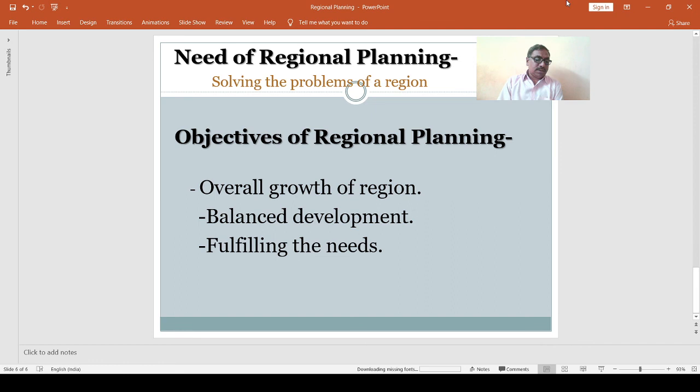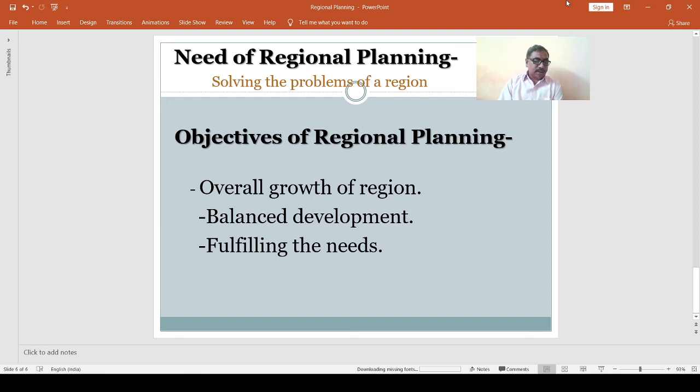As far as objectives of regional planning are concerned, there is overall growth of a region. The purpose of regional planning is to develop a wider area and bring a balance in a region. That is the balanced development.